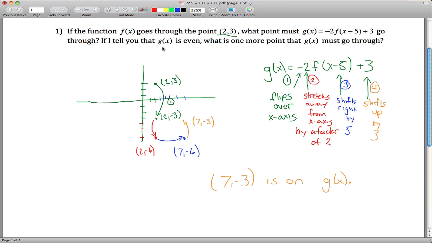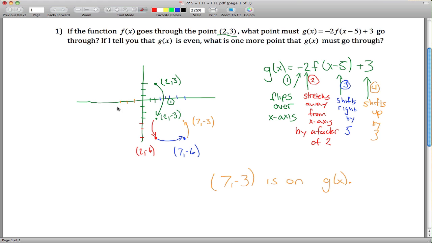The second question says that if g of x is even, give me another point that's on g of x. Well, if it's even, it's symmetric across the y-axis. So this point, when x equals 7, the height is -3. So what we'd need is when x equals -7, the height to still be -3.